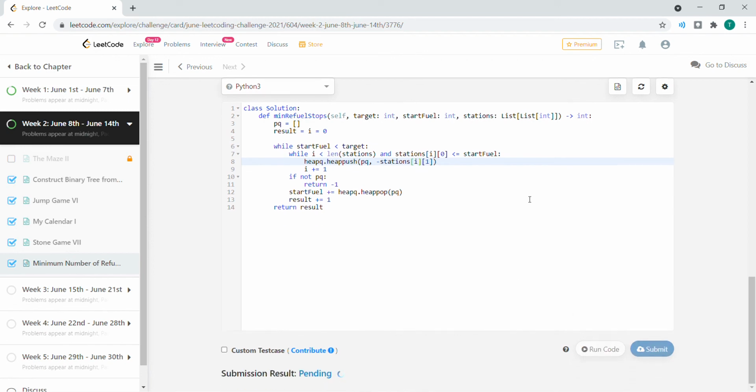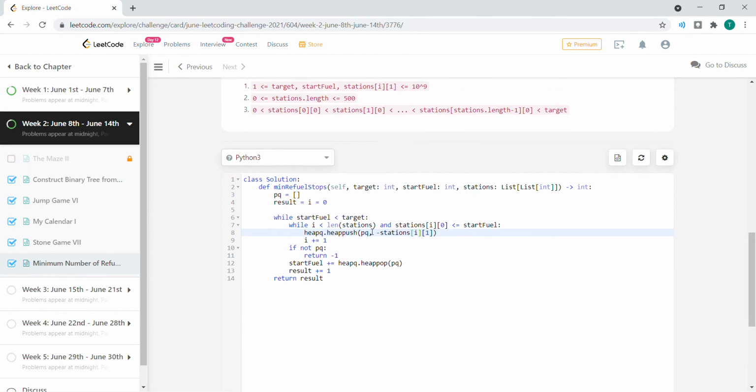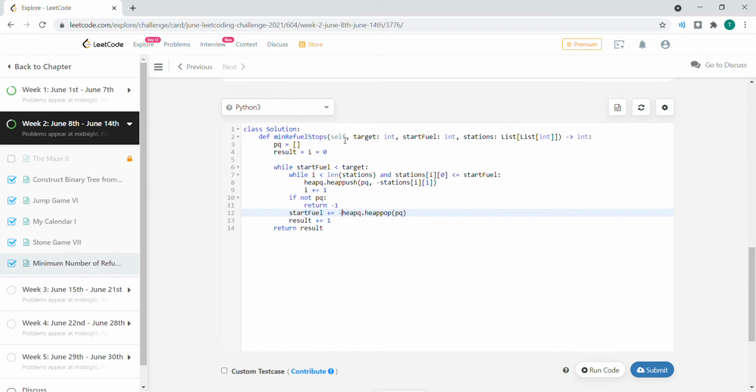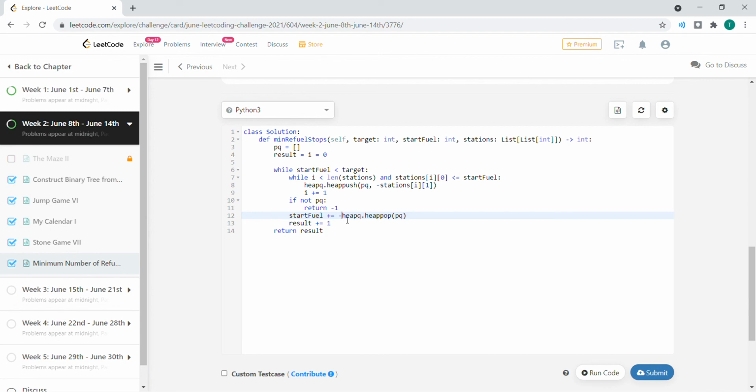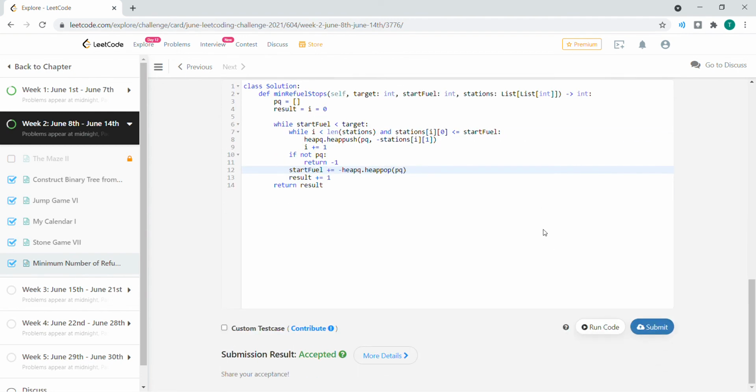Please work. What am I doing wrong? Start fuel plus stations i. Start fuel plus i, results increment 1. Right here, yeah, you want to pop from the top of your max heap. Okay, accepted. Oh, that was a tough one.